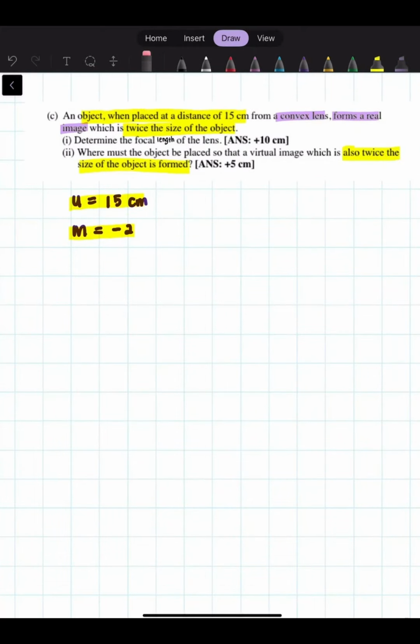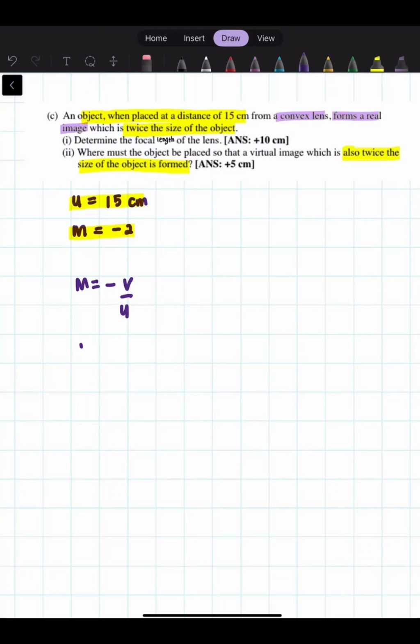So, why is the magnification for a real image -2? This is because if we use the magnification equation, capital M equals to the ratio of the image distance over the object distance, and there's a minus in front.